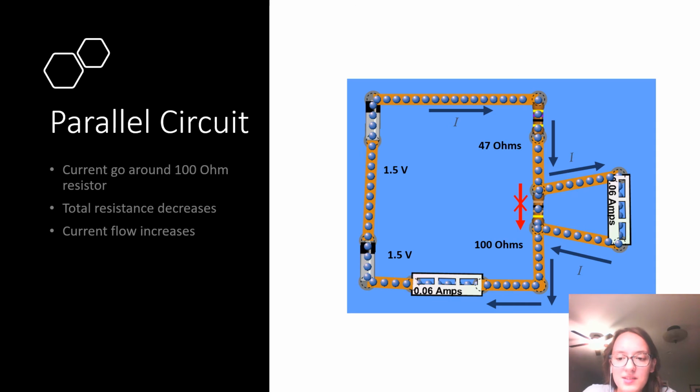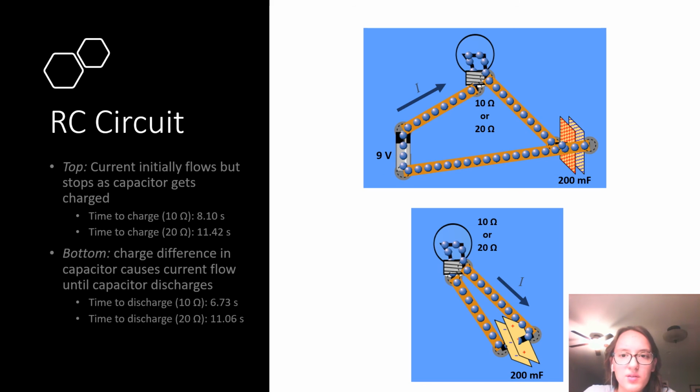Now the ammeter has no resistance, so naturally the current would want to flow down the second branch through the ammeter and completely bypass this 100 ohm resistor. The total resistance of the circuit decreases, which increases the total current flow. So now, as you can see, the new ammeter readings are 0.06 amps instead of 0.02.